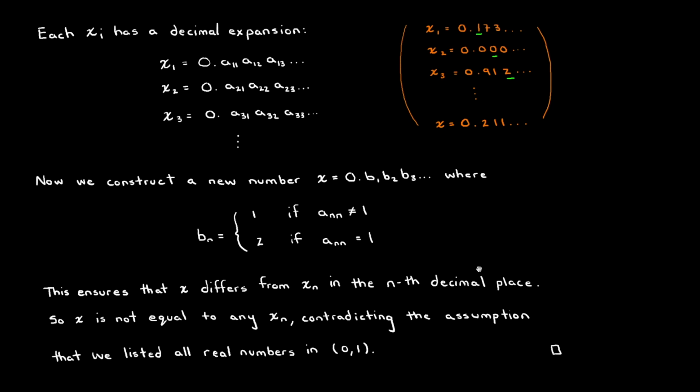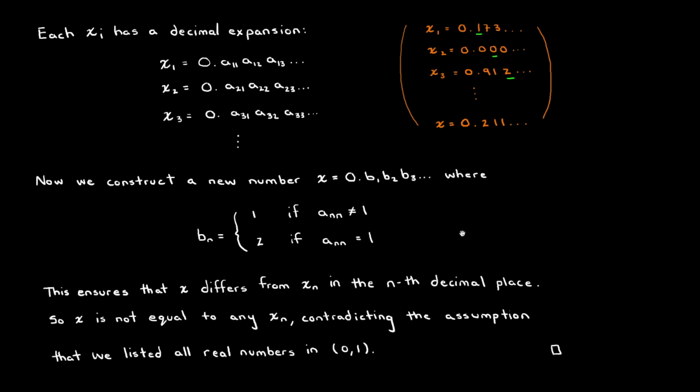Now, what's special about this constructed number x is that x differs from xn in the nth decimal place. So the number x differs from x1 in the first decimal place, it differs from x2 in the second decimal place, and it differs from x3 in the third decimal place, by the way we constructed it. We always check the nth digit of xn, and then we make it different.